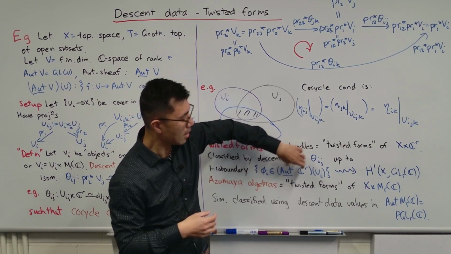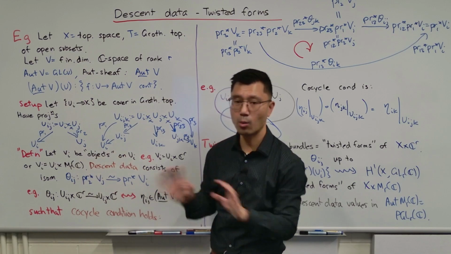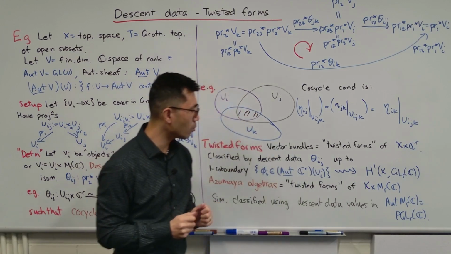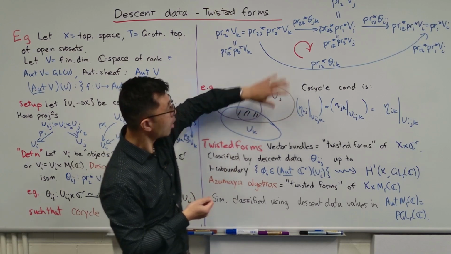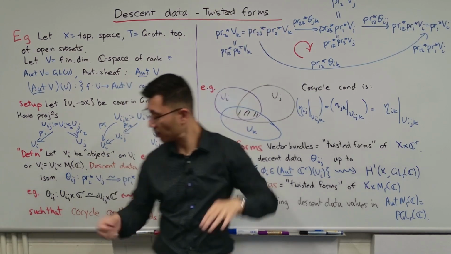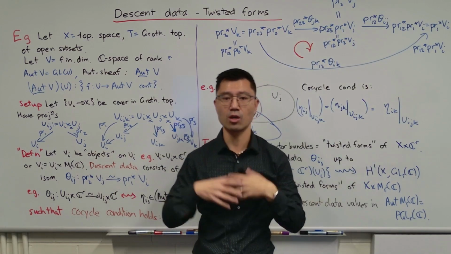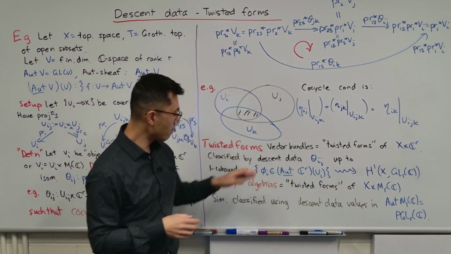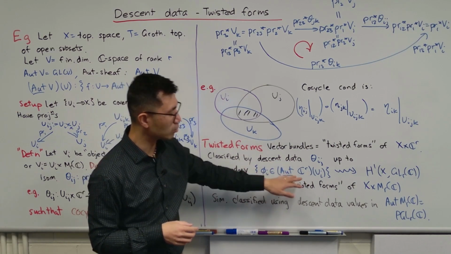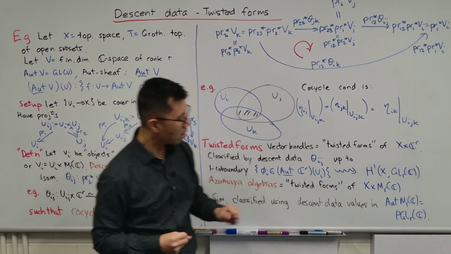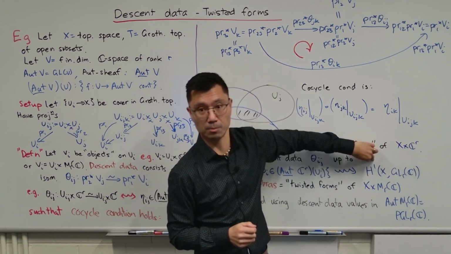That will allow you to change the descent data in a fairly obvious way that I won't go through here. The basic idea is that since you're talking about one-cocycles, descent data satisfying this cocycle condition, you can multiply them by these objects, so up to one-coboundary, that gives you an object of the one-cohomology, H^1.